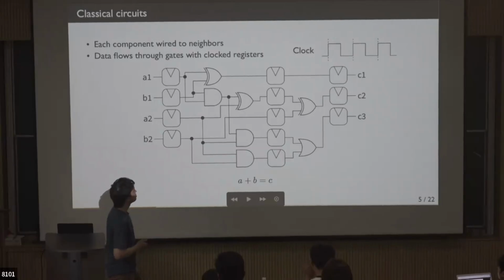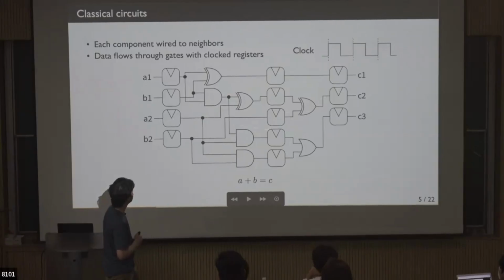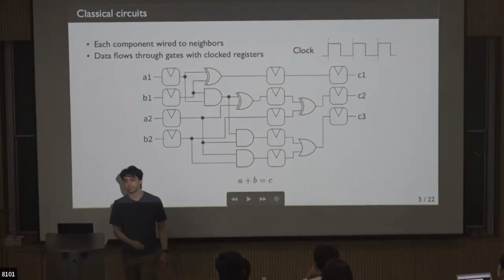And then at the next rising edge, hopefully settled before then, you get the data copied, and you proceed in steps through the computation. Notably, by the time the data has made it here, you can pipeline this computation, in the sense that you can start a second computation here before the first computation is finished.